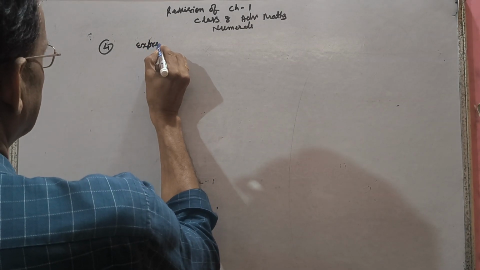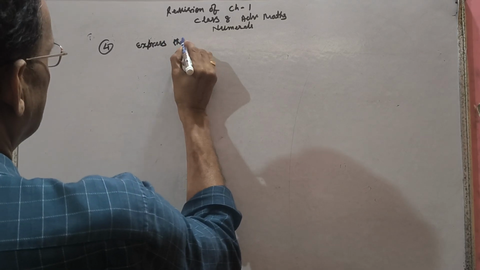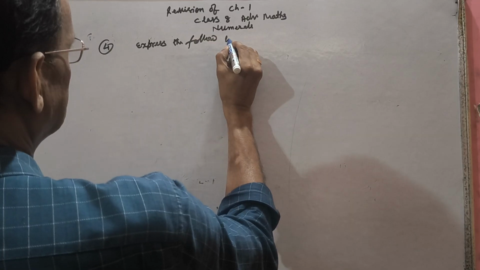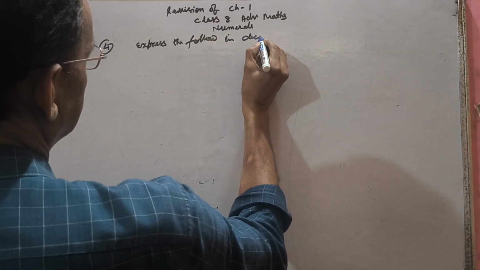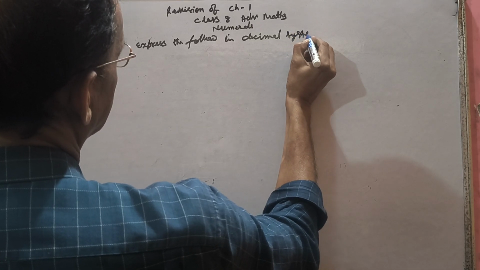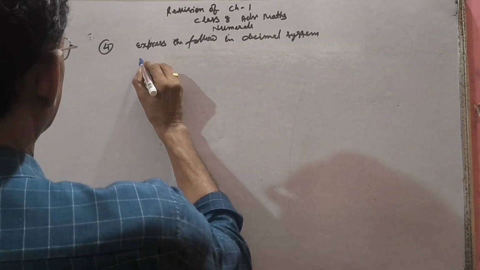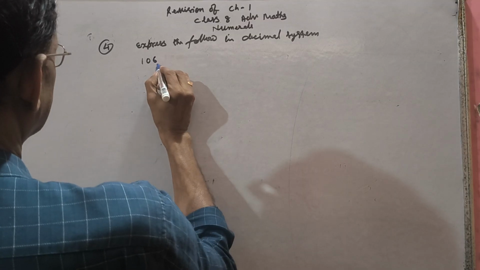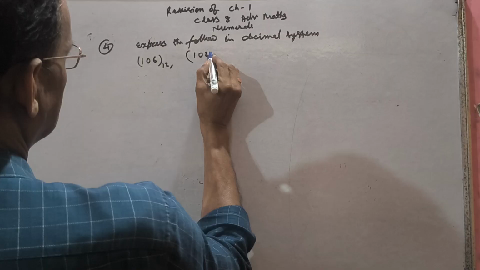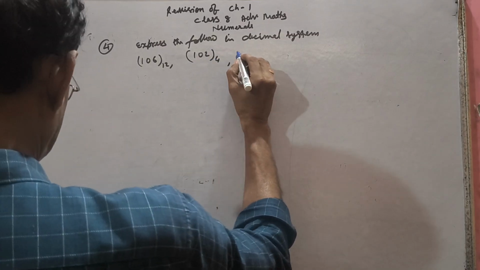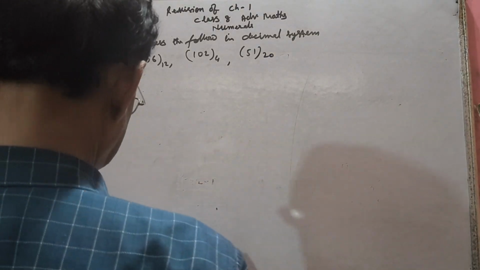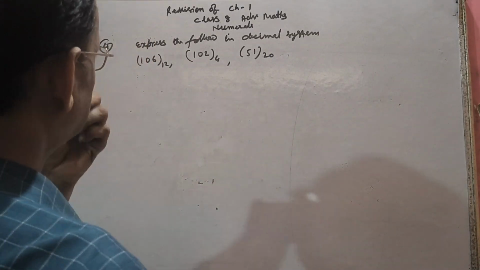Express the following in the decimal system: 106 base 12, 102 base 4, 51 base 20. Okay, different bases.